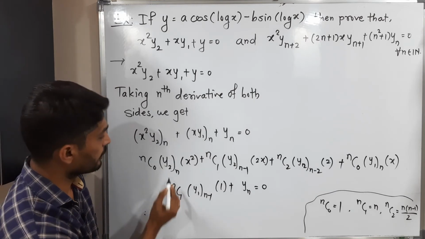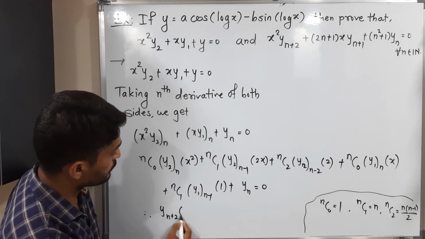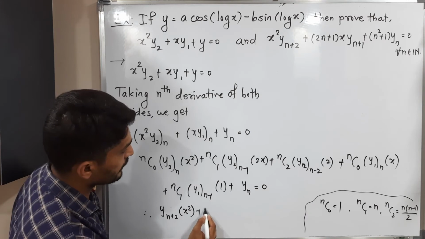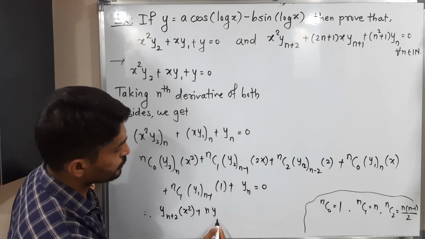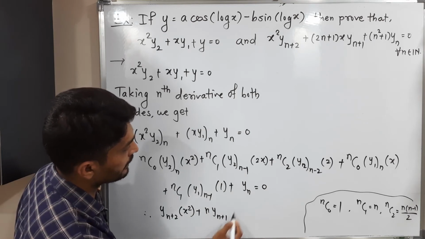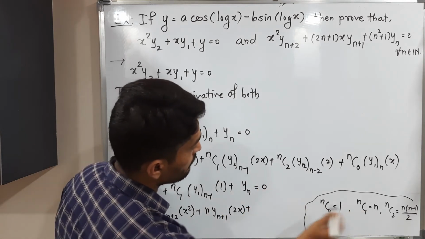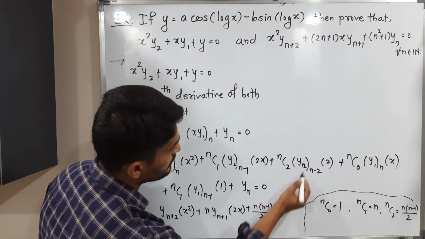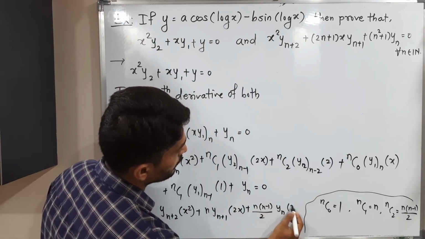nC0 is 1, so y n plus 2 with x square will be there, plus nC1, whose value is n, and the total derivative is n minus 1 plus 2, that means n plus 1, with this 2x, plus nC2. What is the value of nC2? It is n into n minus 1 by 2, with y 2 n minus 2, which if you add will be yn into 2.